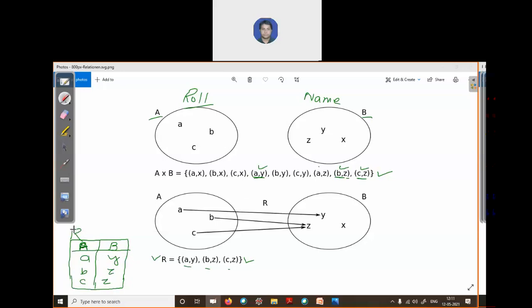So it's making one relation R, which has two attributes, capital A and capital B, and three tuples, or three records.